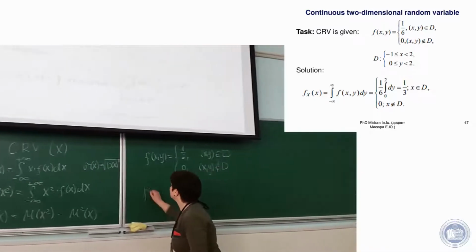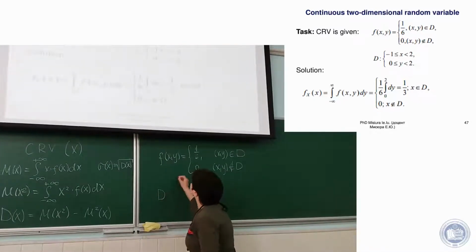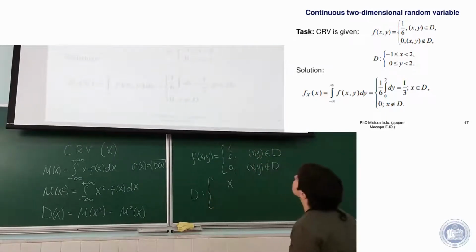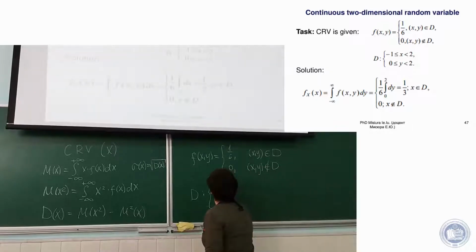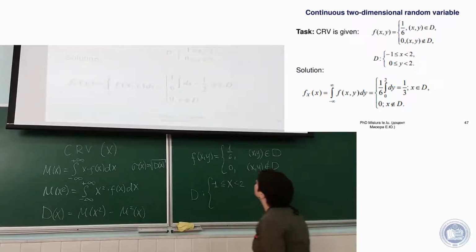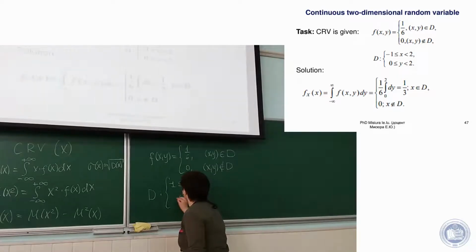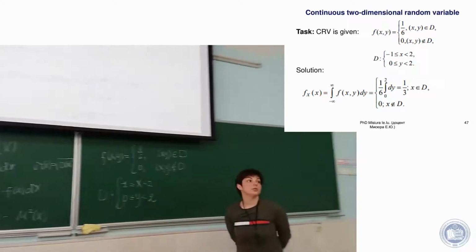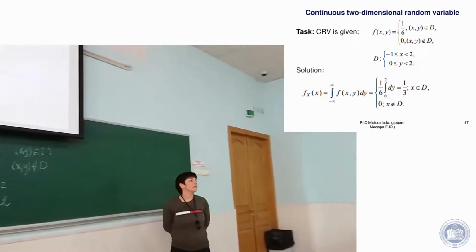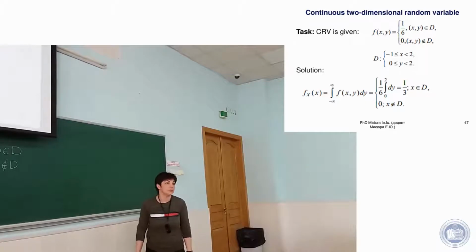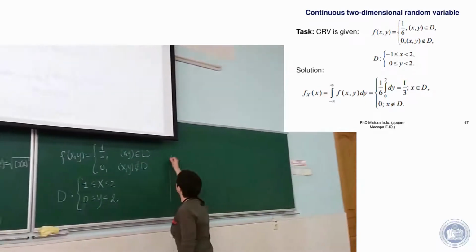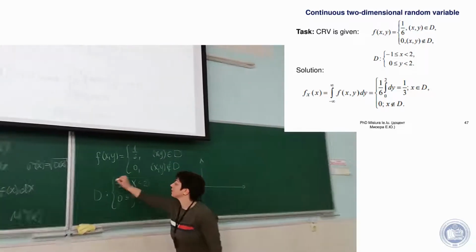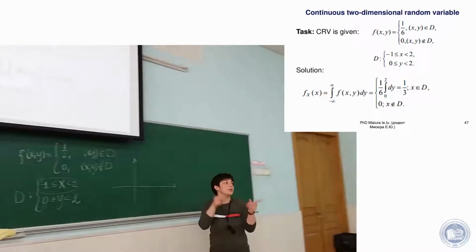How to explain D? D will be x changing from -1 to 2, and y changing from 0 to 2. Students, how to plot this domain? Let's look at variable x. X is changed from -1 to 2.